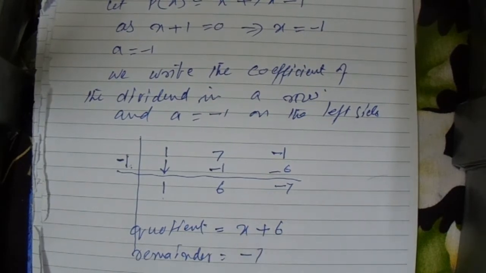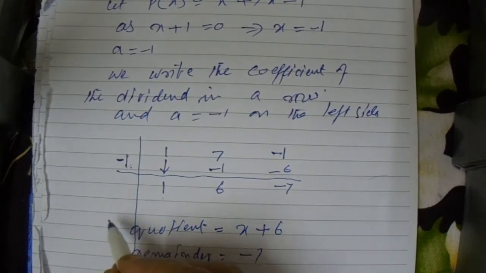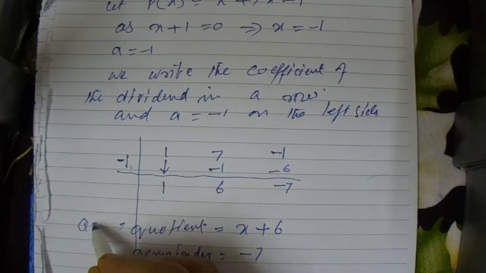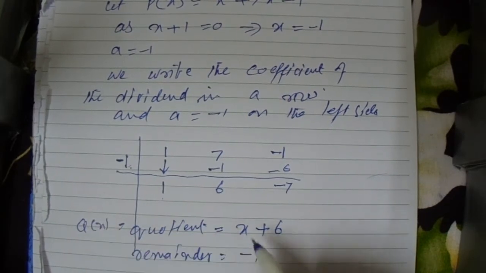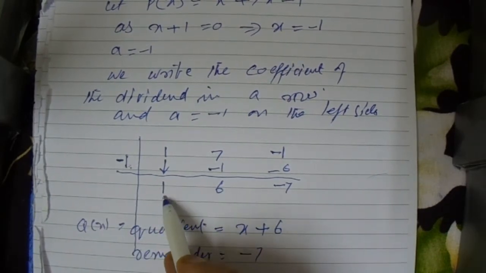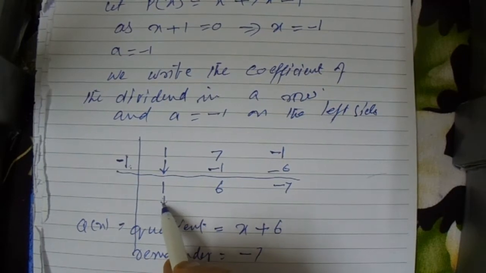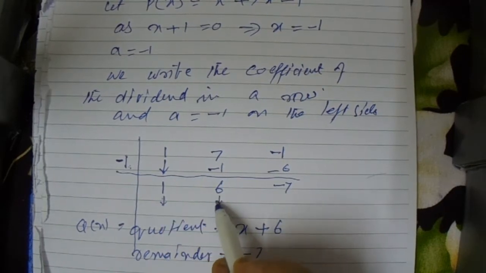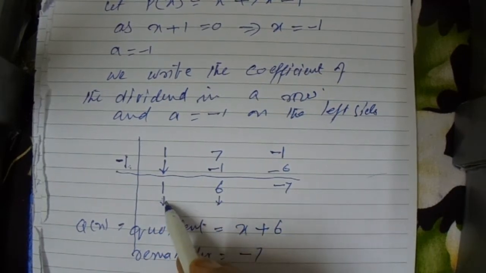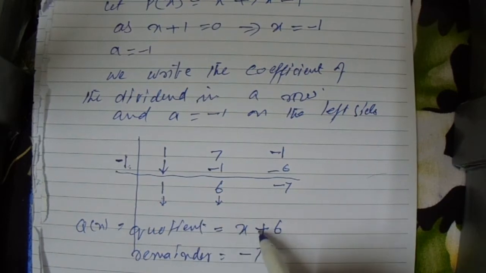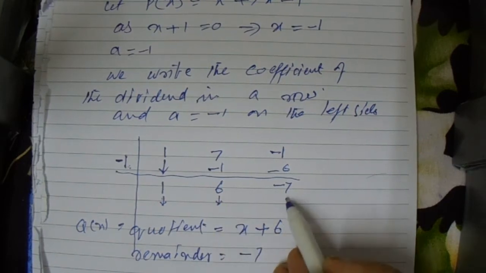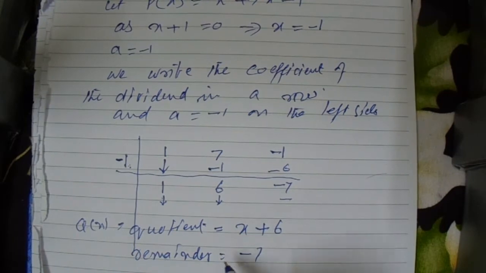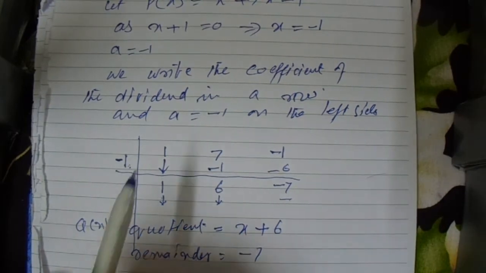Now this is the quotient: x plus 6, and the remainder is minus 7. So the quotient q(x) is 1x plus 6, and the remainder is equal to minus 7.